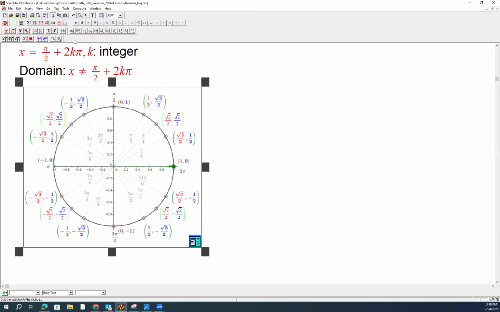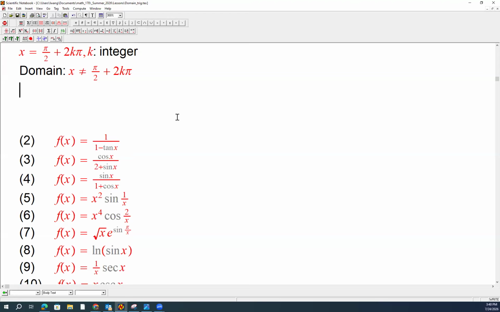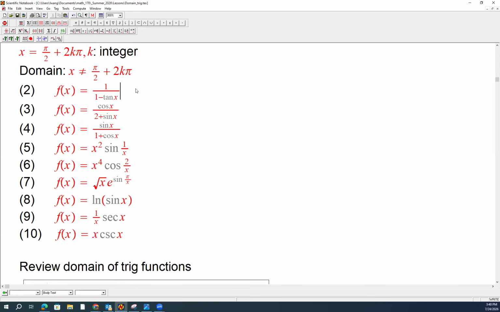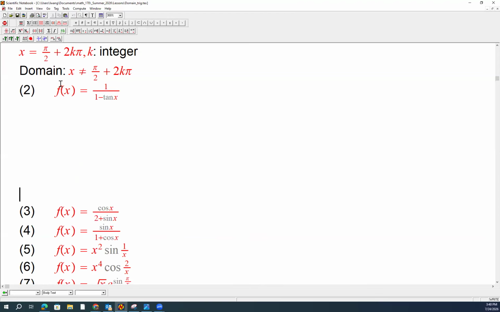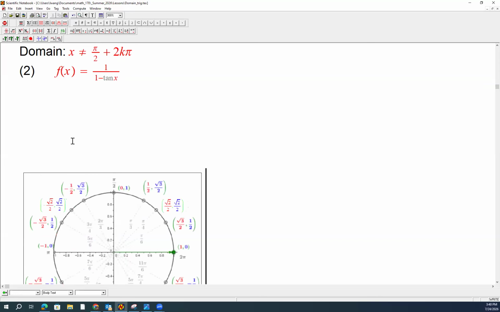Second question, we have 1 minus tangent. Once again, the setup will be the same. The numerator is 1, so it's not going to be a problem. So we set this equal to 0, because anything that causes it to equal 0 cannot be in the domain.